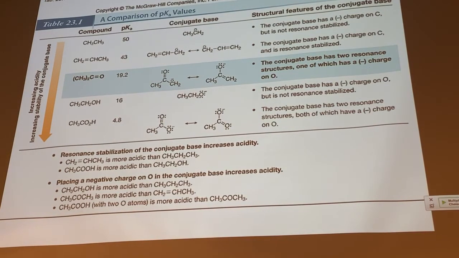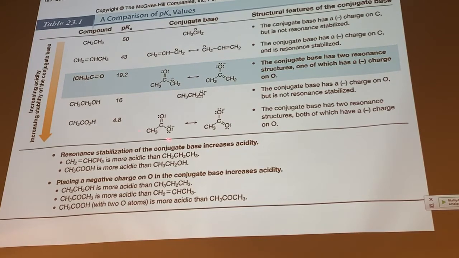Hydrogens attached to more electronegative atoms are more acidic in general than hydrogens attached to less electronegative atoms. In some cases, resonance can overcome that. In some cases, generating an aromatic conjugate base can overcome that. But in this case, it does not. We see that the alkoxide is more stable than our enolate, right? So our ethanol is a stronger acid than our acetone.